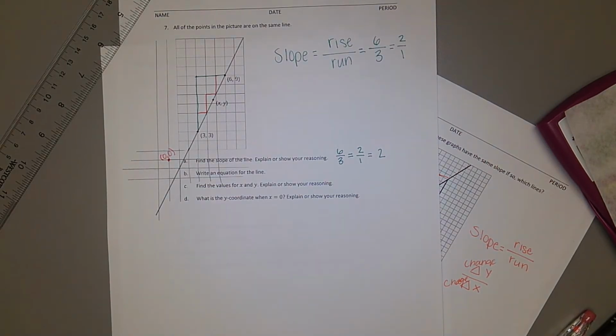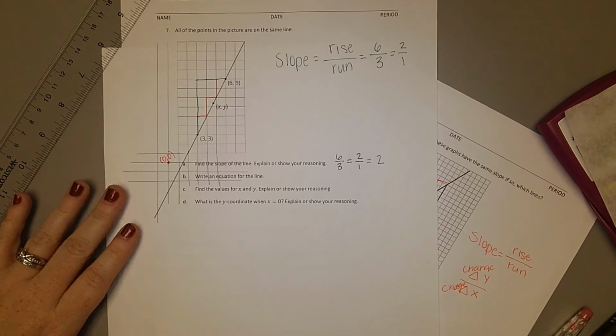So B is to write an equation for the line. Well, this is similar to lesson 11 where we had to do y minus something over x minus something and make sure that it was equivalent to our slope.